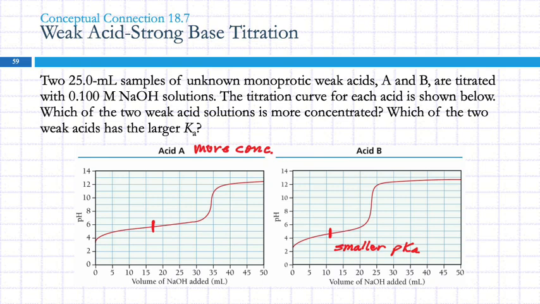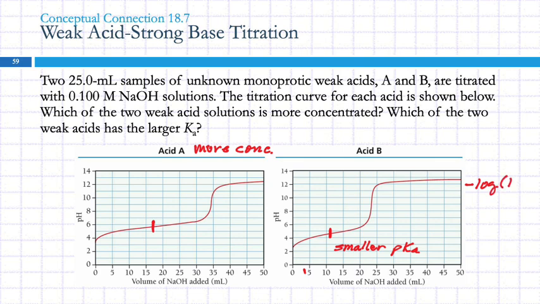How does that relate to the Ka? Well, the pH is equal to this. But this is not asking about pKa, it's asking about Ka. So you can't remember. I can't remember. Let's pretend we don't know. So the pK is the negative log of the Ka.